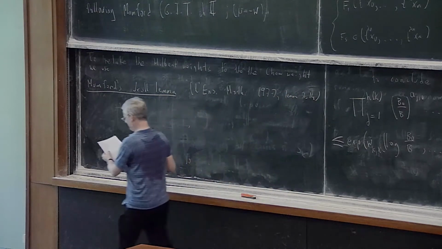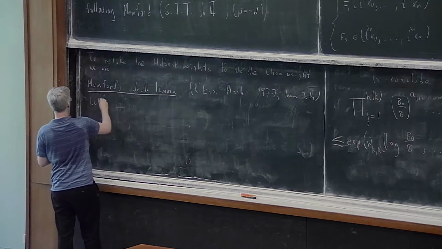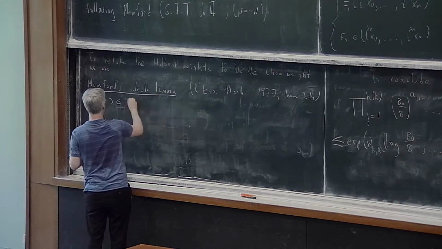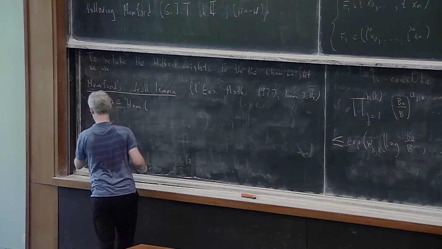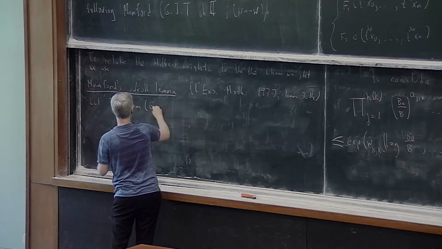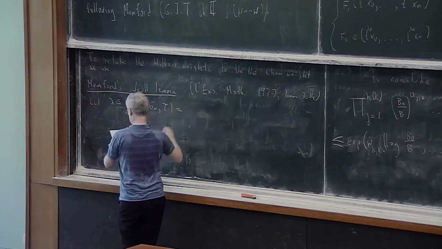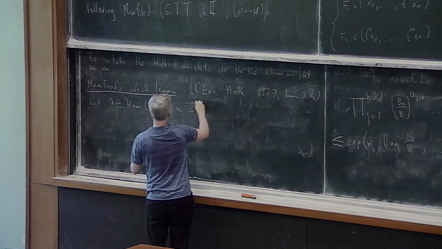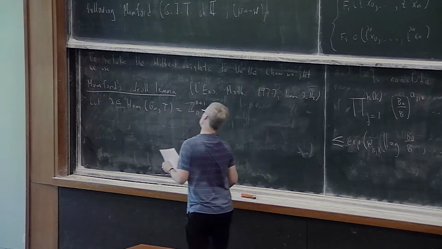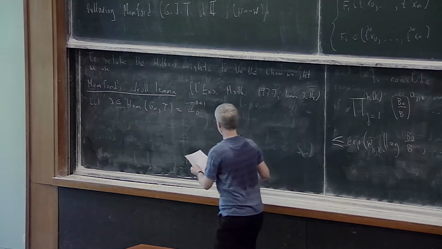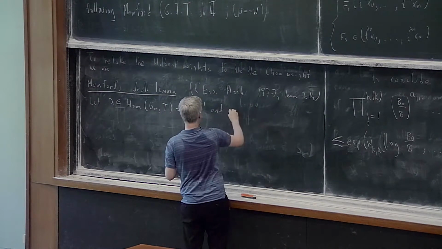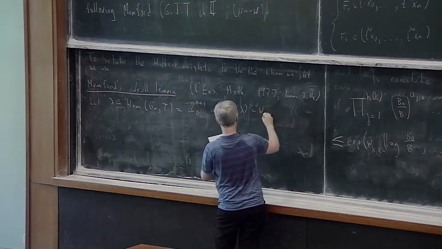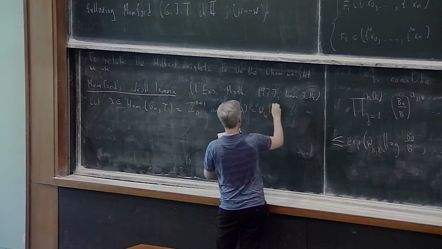So let lambda belong here to Hom of G_m to T. And this is, as we have seen before many times, equal to an (n+1)-tuple with some zeros. And then we have these Hilbert weights, so let me write it like this, w_k(lambda, x).